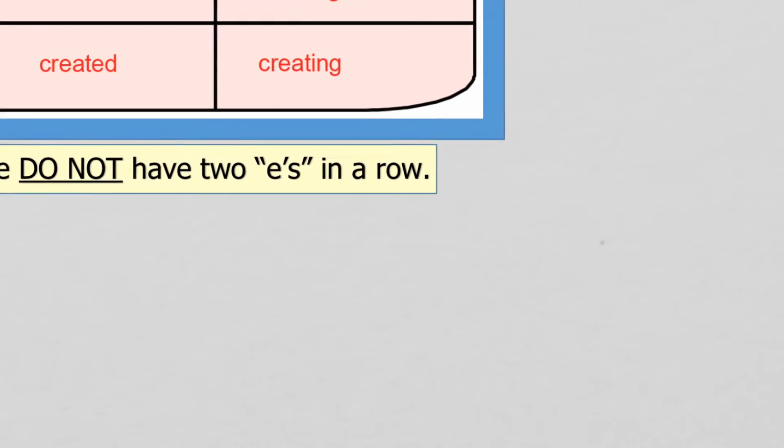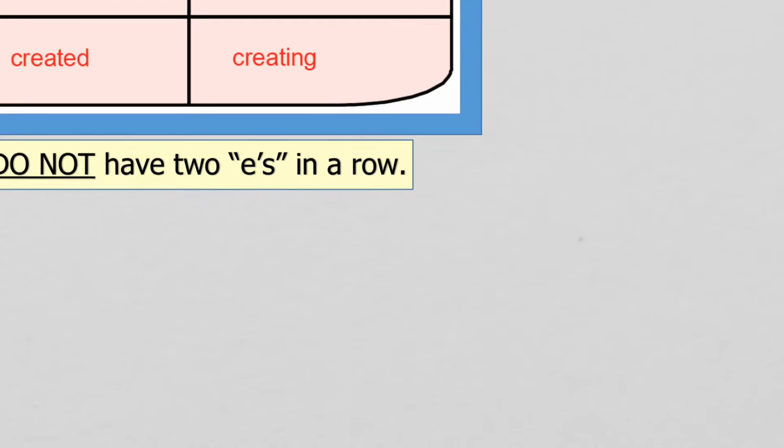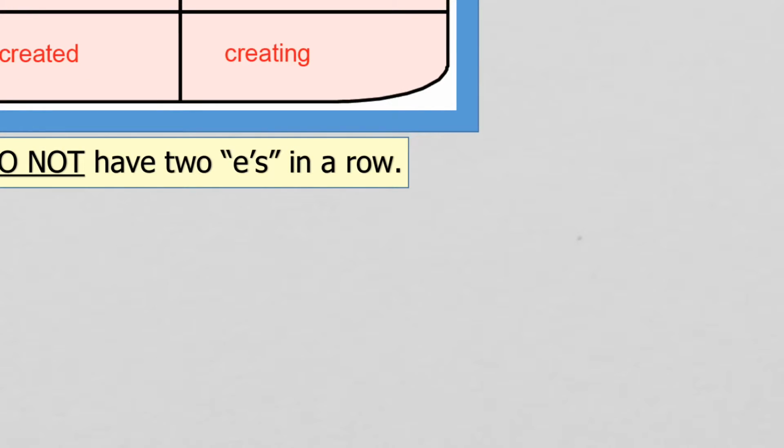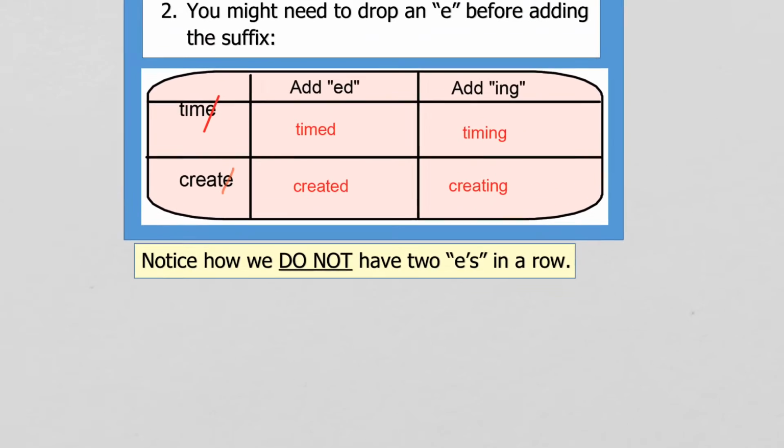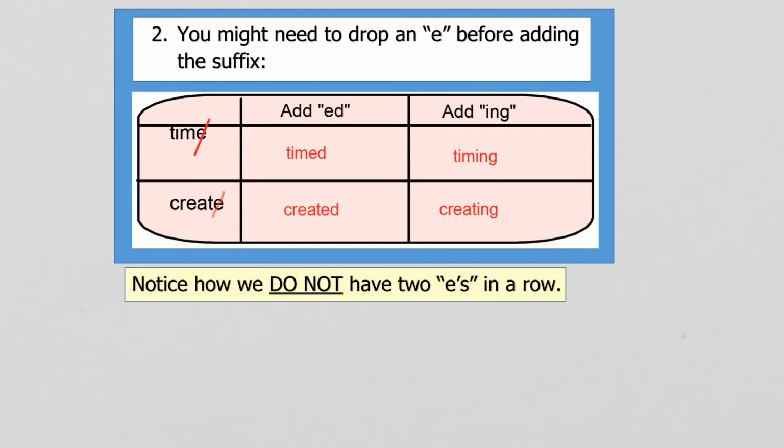So because our suffix is ing, we're going to end up with no e before that I, right? Because we're dropping it. So we end up with creating, C-R-E-A-T-I-N-G. So a quick reminder here. Notice when we drop an e, we do not have two e's in a row.